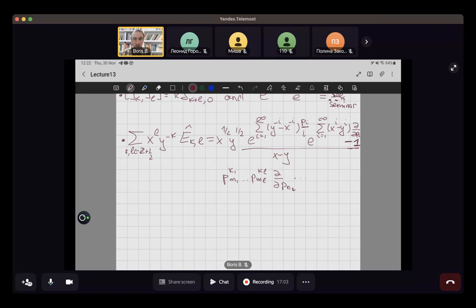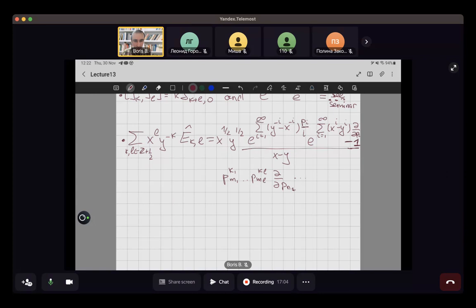Okay. And so then it is a polynomial in x to the power 1 over half and y to the power 1 over half. And this E_{KL} hat is some combination of p and d over dp operators, which is equal to the coefficient in this polynomial in front of x to the power l and y to the power minus k.